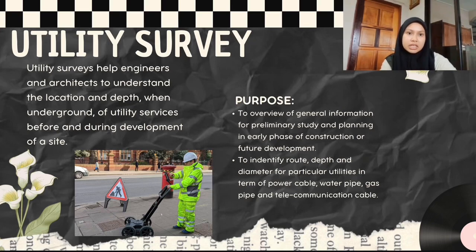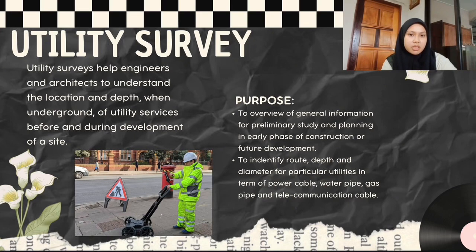In addition, this utility survey also identifies the route, depth, and diameter of specific utility services such as power cables, water pipe, gas pipe, and telecommunication cables. This information is important for engineers, architects, and contractors to plan construction safely, avoid damage to existing utilities, and reduce the risk of additional costs or accidents.